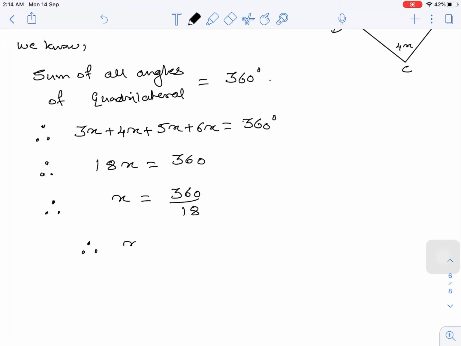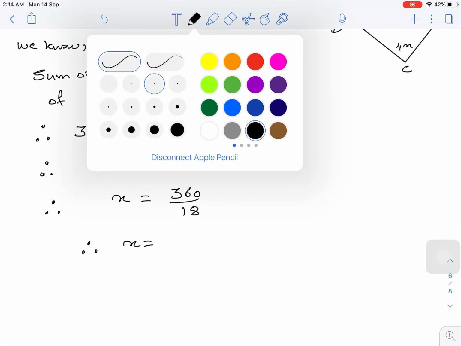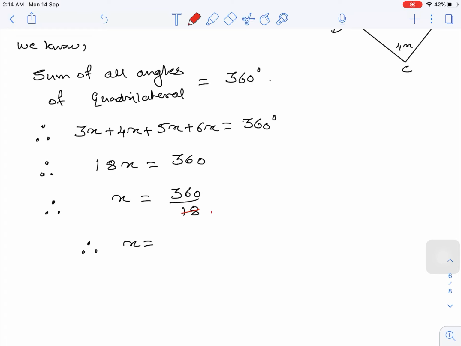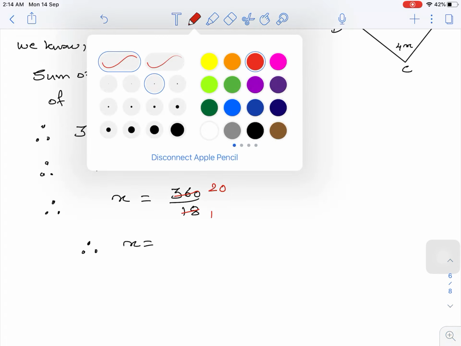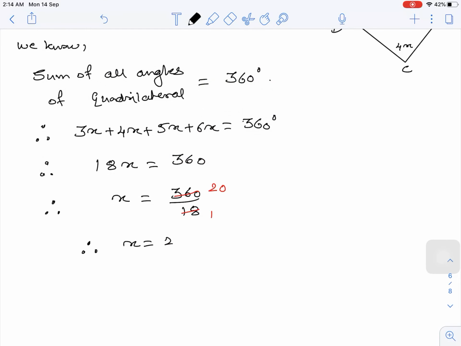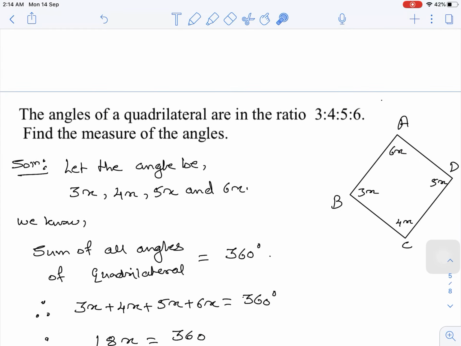Now 18 ones are 18, 18 twenties are 360. So finally you get x equals 20. This is the value of x. We have to find the value of each of the angles. Our first angle is 3x, second 4x, 5x and 6x.